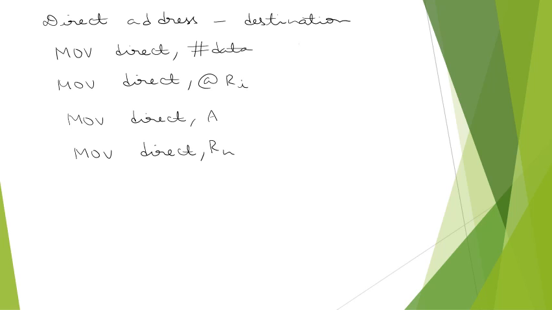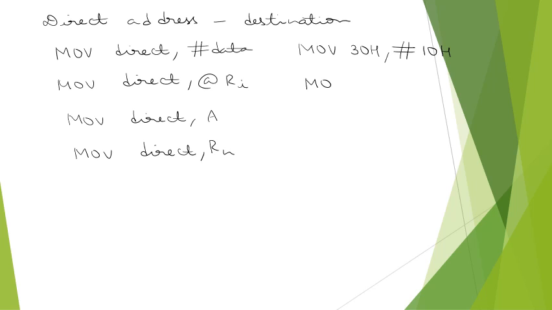So we have example, MOV 30h, #10h. So 10h is the value because it is preceded by the hash symbol, whereas 30h is the memory location. So the value 10h is copied to 30h memory location.